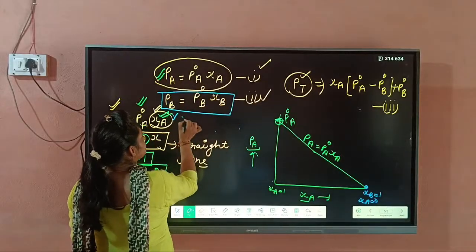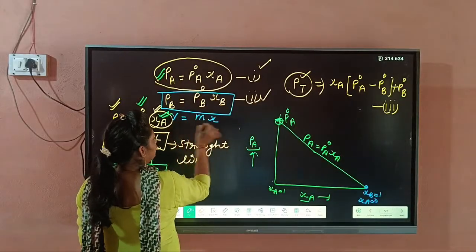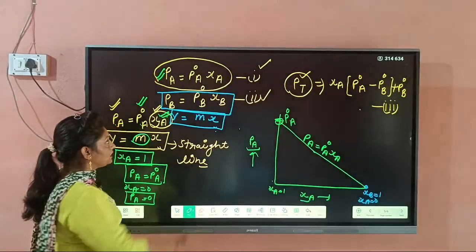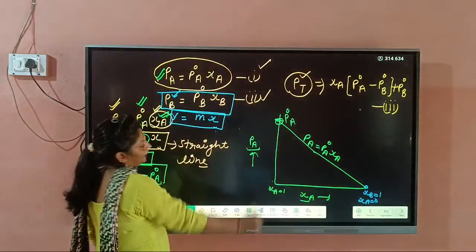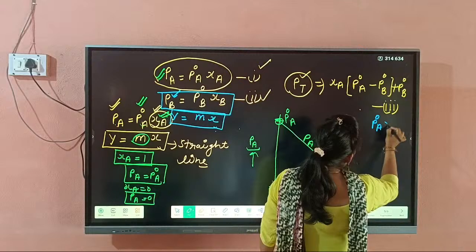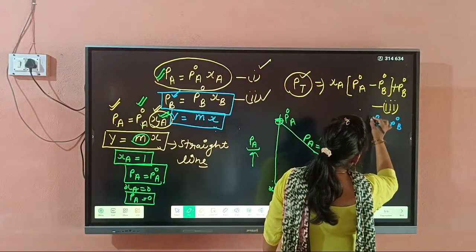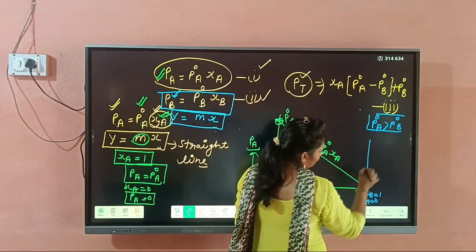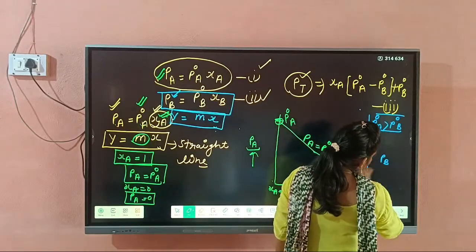Again, it is the equation of the straight line y is equal to mx. Here at y-axis we will take PB. Let us consider P naught A greater than P naught B. So let us consider it is PB.